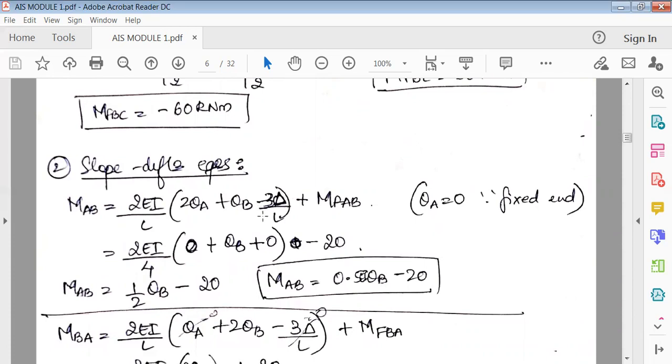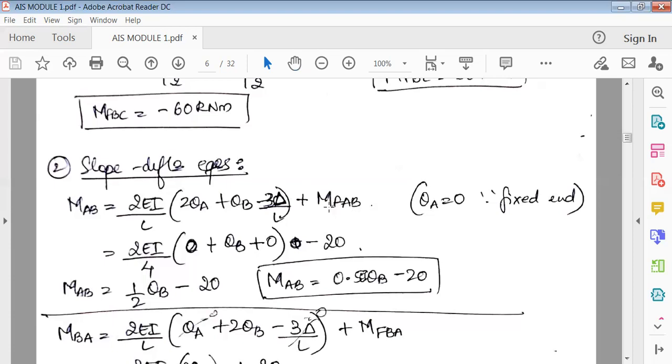So straight away this term becomes 0. Only if the question specifically mentions that the supports are sinking do you have to measure this. As of now there is no settlement, so delta is 0. Next, plus MFAB.